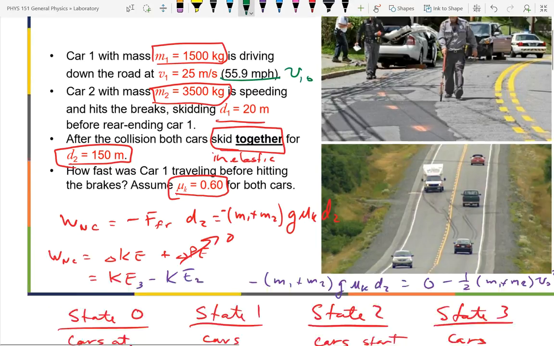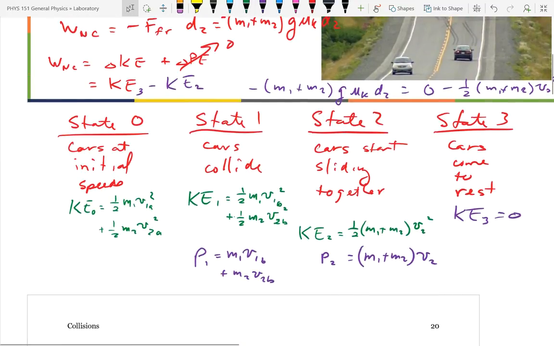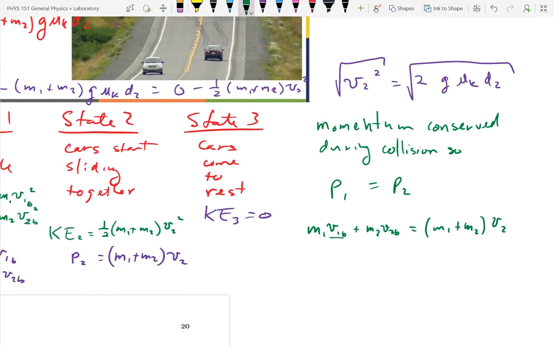Yep, that's right. So we know V1B and we know V2, so we use this to find V2B.